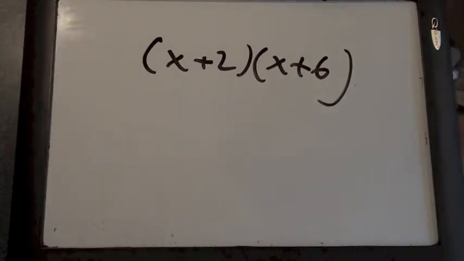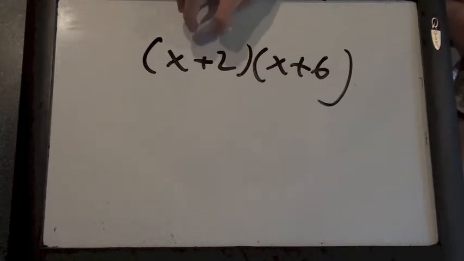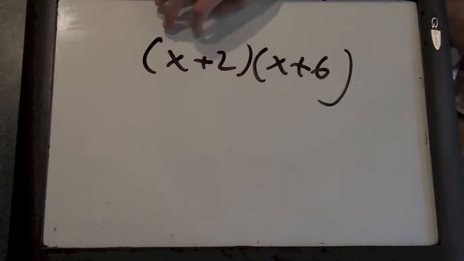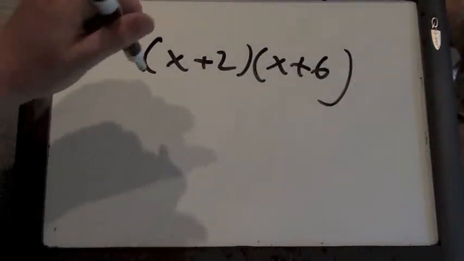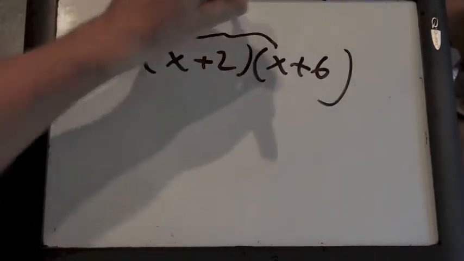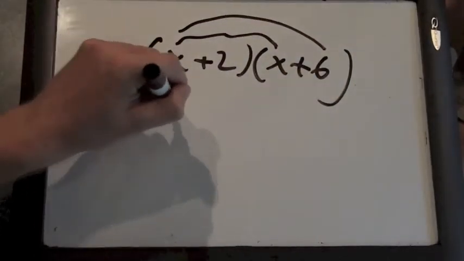Well, you could multiply. So I would do maybe x times x and maybe x times 6. And you would maybe do x times 2. And maybe x times 2.